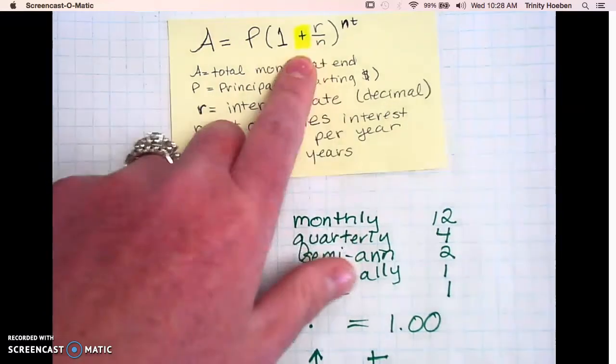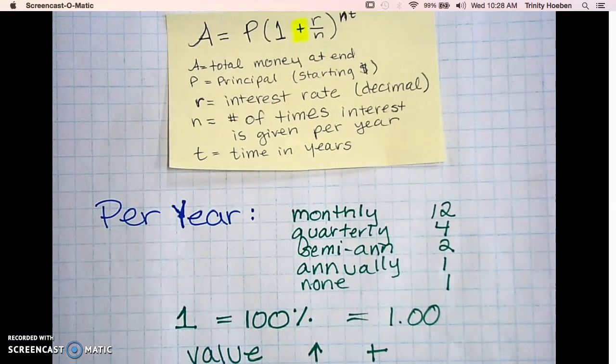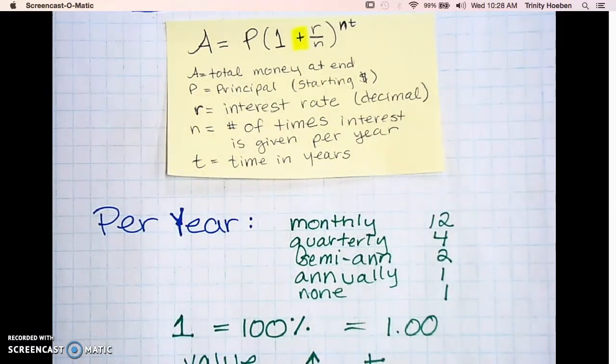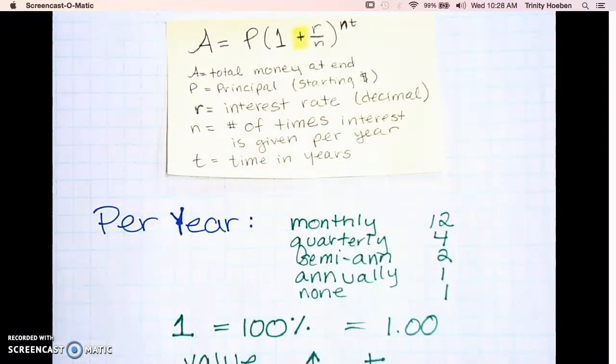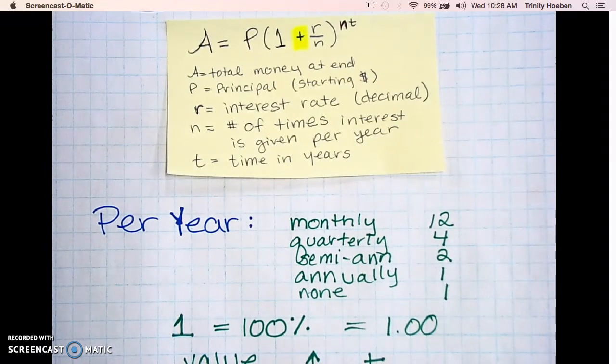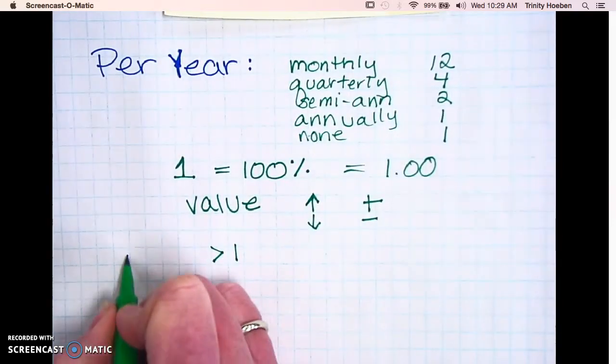So while this equation up here has a plus in it, depending on the scenario is whether it's going to be 1 plus whatever rate it's increasing by, or 1 minus whatever rate it's decreasing by, okay? So basically, if this whole part right here is greater than 1, it's increasing.